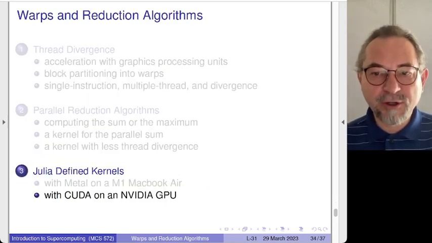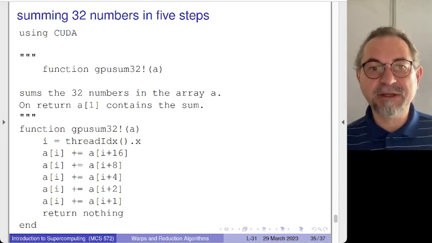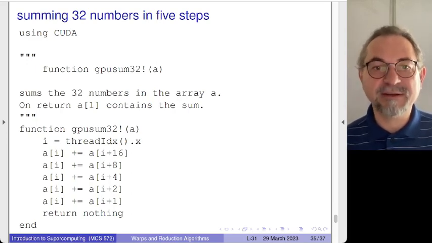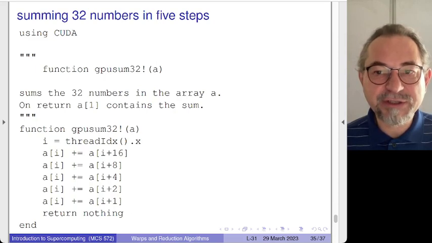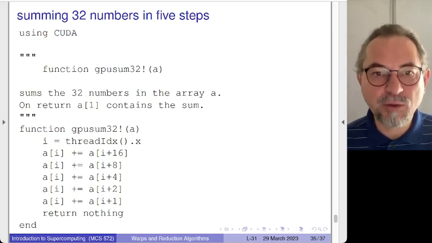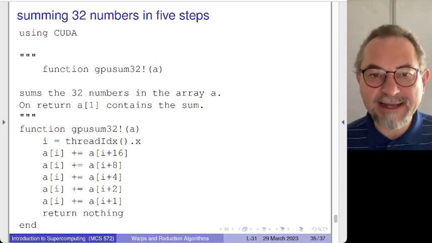People are working on kernel abstractions, but here I'm just doing it again with now the package CUDA for an NVIDIA GPU. What changes is, of course, the using CUDA and then the threadIdx that needs to change.